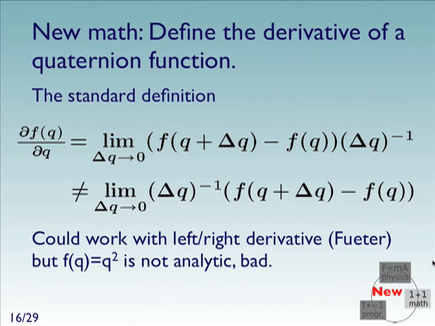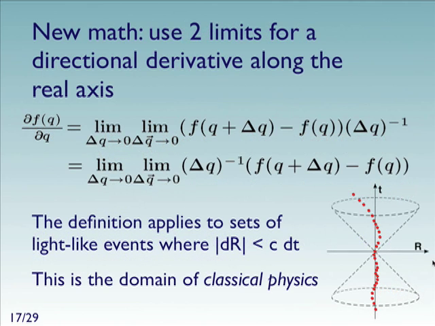There are people who work with left or right derivatives, and what they have to say are silly things, like they can't show that a function like q squared is analytic in q. I think that is so useless as to inspire me to go and try and find a far better solution. And I think I have.